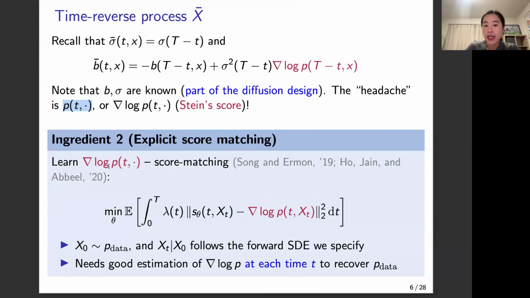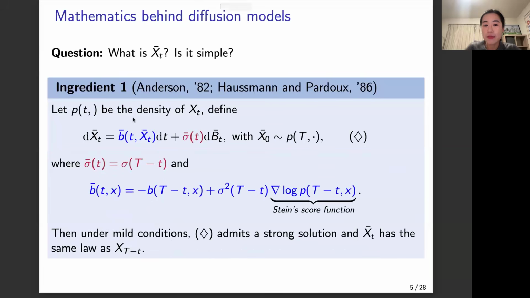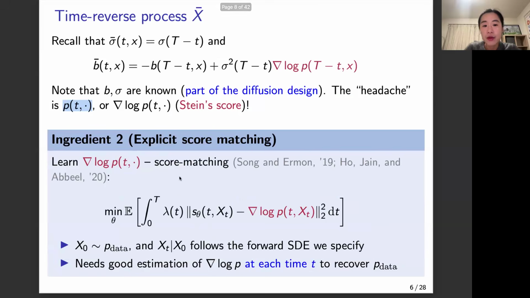That means if we can learn this gradient log p, the Stein score function, well enough, then we are able to get an approximated version of this time reverse SDE, which can help us to simulate more data. So the learning part comes in order to approximate the unknown term in the drift b bar.